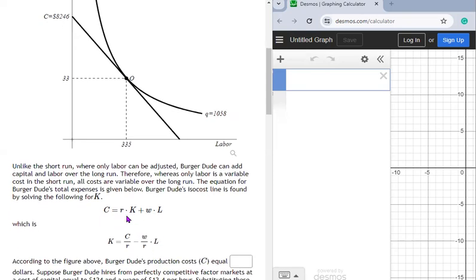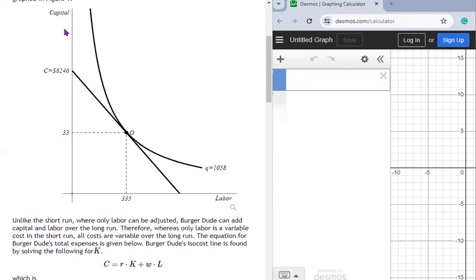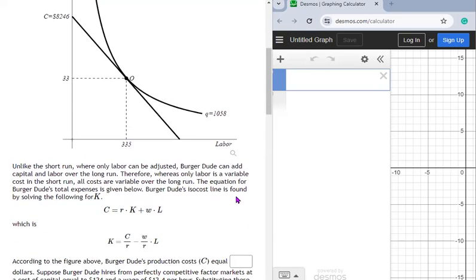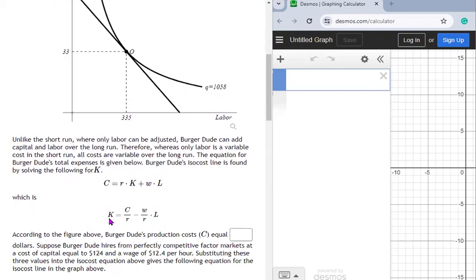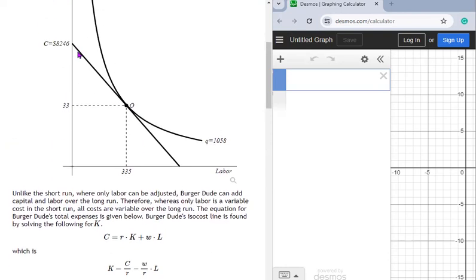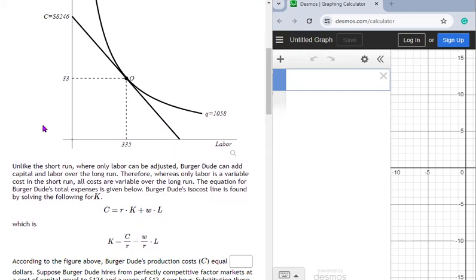And when we solve that for capital, because K is the vertical axis and L is the horizontal axis, we get an intercept equal to the cost of these combinations of capital and labor, which in this graph happens to be 8,246.